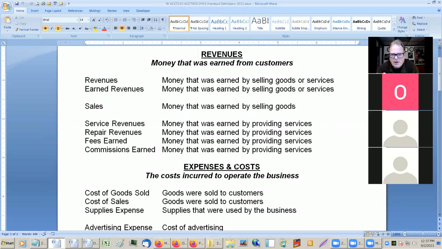One of the strange things about accounting, well, accounting is 400 years old. Or even, the type of accounting we're using is about 400 years old, maybe even more. So there are things that have evolved through the years that people use for naming accounts and all that sort of thing.